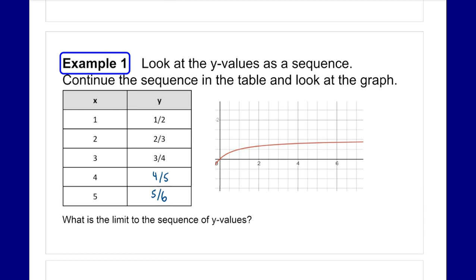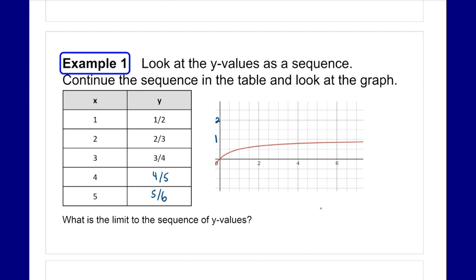So what is it heading towards? We can see it graphically here as well. 0 is here, 2 is up here, 1 would be here. Where are the values headed towards? Well, we're getting closer and closer to a whole, or 1.